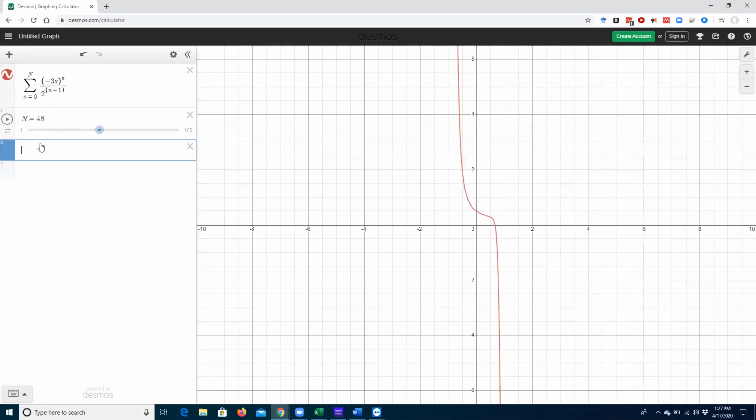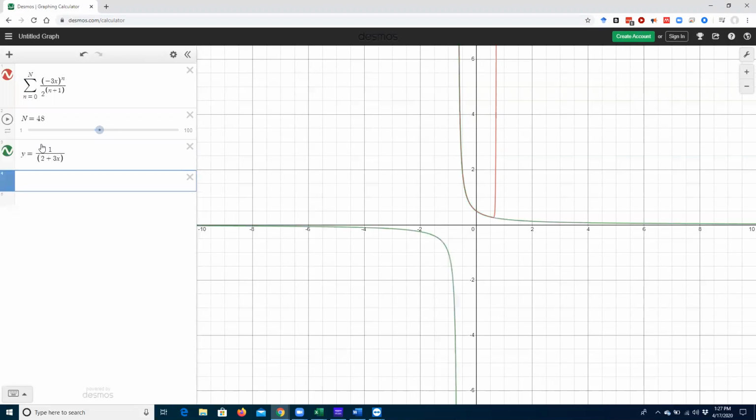And then I'll graph the function that we think it converges to, which is 1 over 2 plus 3x. And we'll see that it does look like they match up over some range of x values.